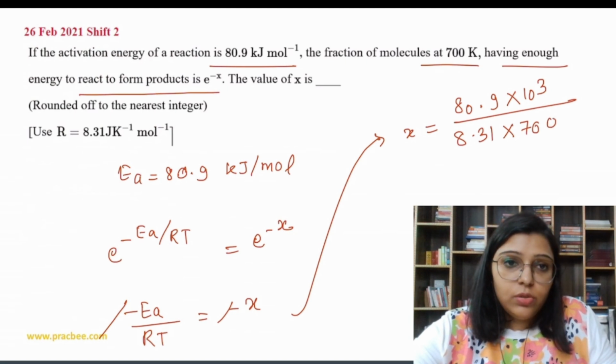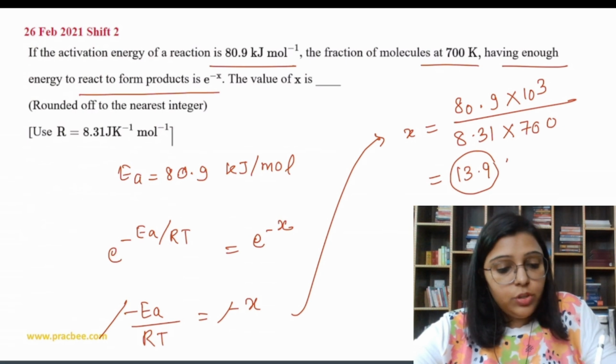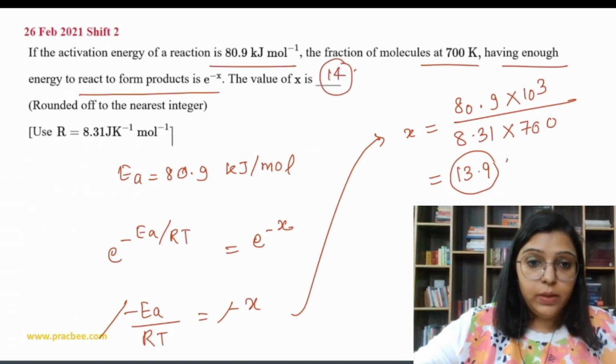So on solving this, you get the answer. The value of X comes out to be 13.9, which you can report as 40.